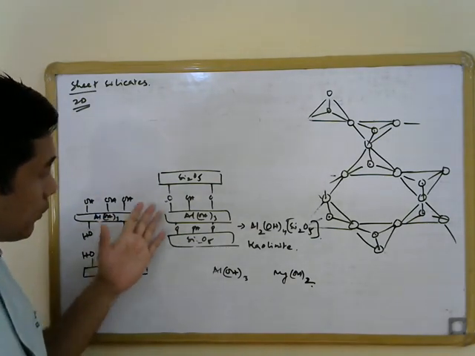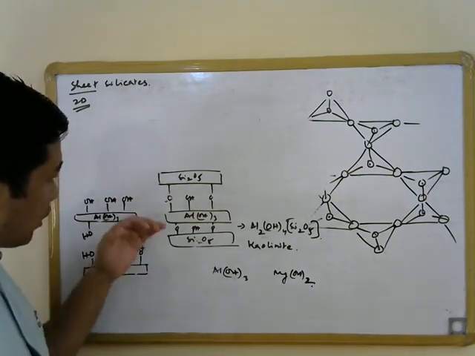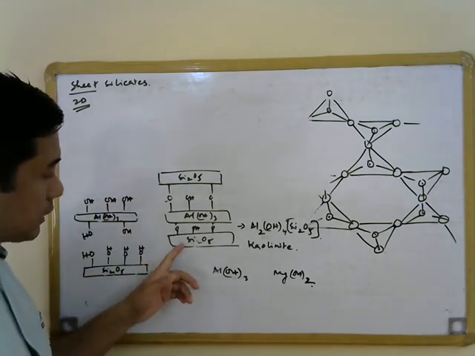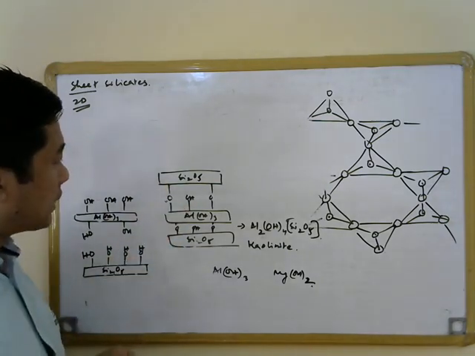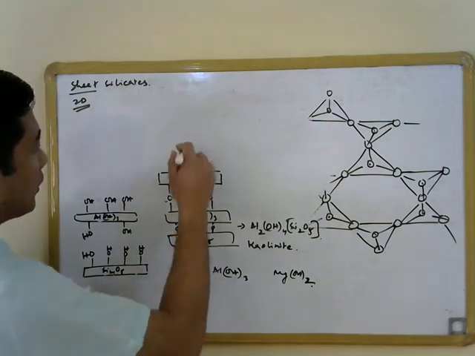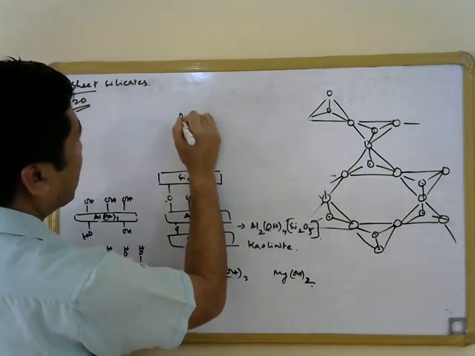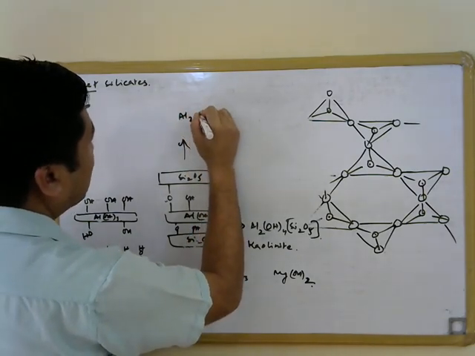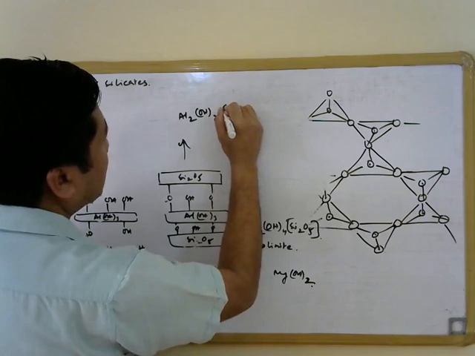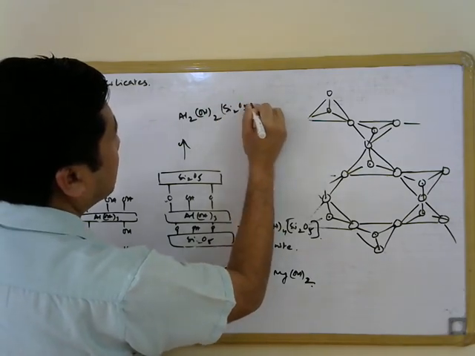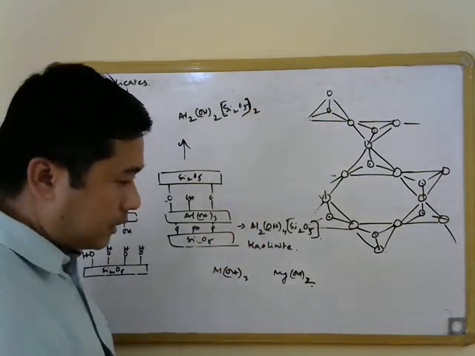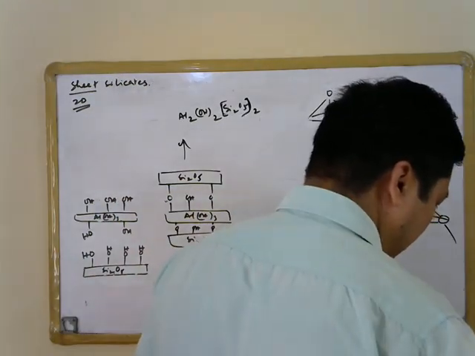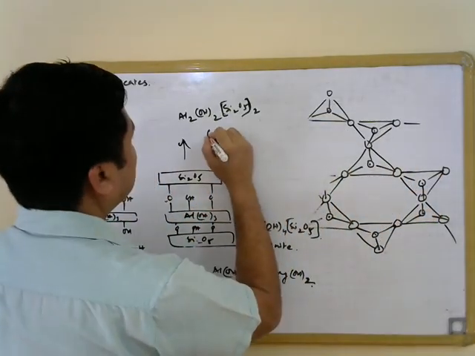Here we have three sheets stacked one over the other. The first one is silicate, the next one is aluminum hydroxide, and the third one is again silicate. And this is another silicate mineral with the composition Al2(OH)2 Si2O5 2, and this is known as chrysotile.